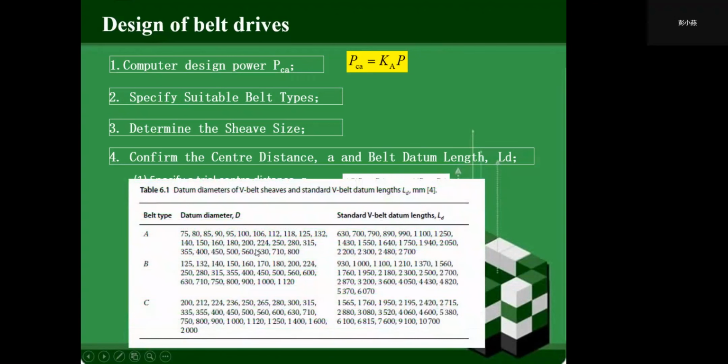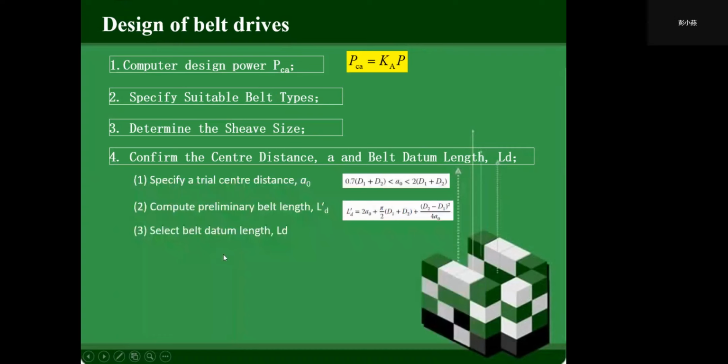Also from this table, this is for datum diameter, and this is for the standard V-belt datum length LD for A, B, C type, and then we can find a standard value of LD which is close to the computed length LD prime.